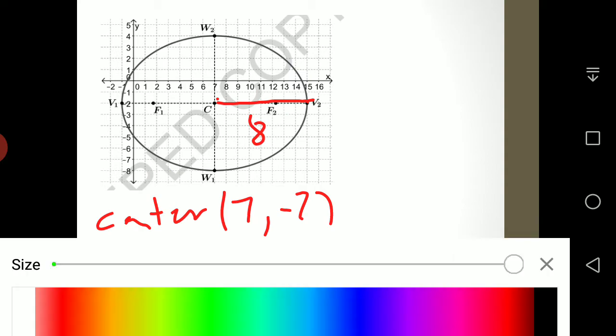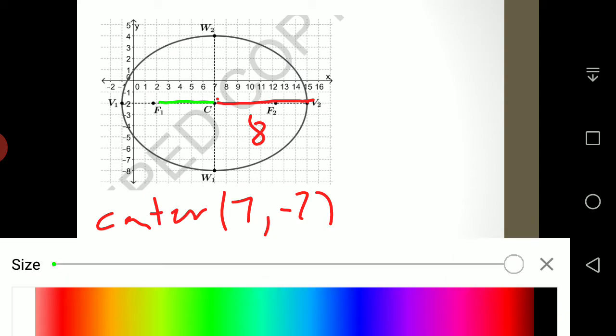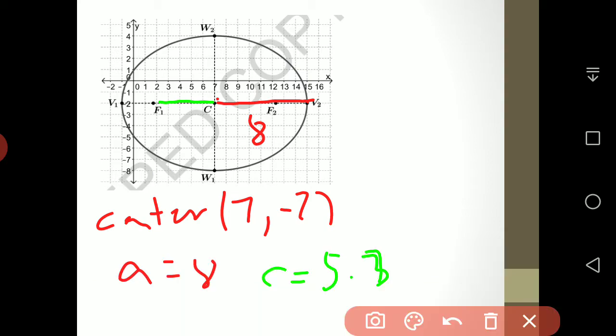And our c, that's again 5.3. So you see, that's c over here, that's 5.3. That's more than 5. And b is 6. Okay, so that's it.